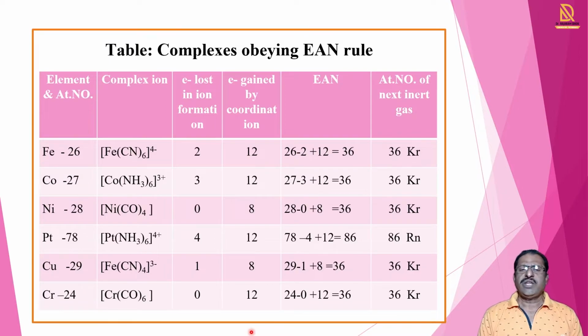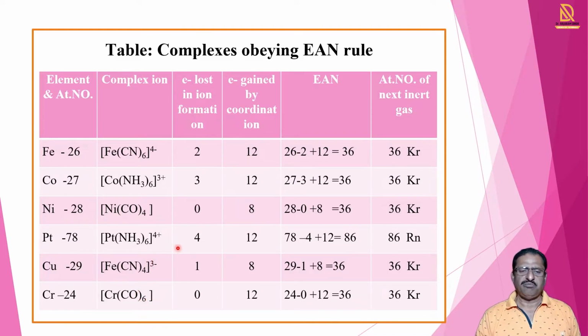Now again we take some examples. Here I have given you a table, and in that table there are different examples, atomic numbers 26, 27, 28, then 29, chromium, platinum, these are given. In that there are examples: Fe(CN)6 4-, Co(NH3)6 3+, Ni(CO)4, Pt 4+, Fe(CO)5, Cr(CO)6.